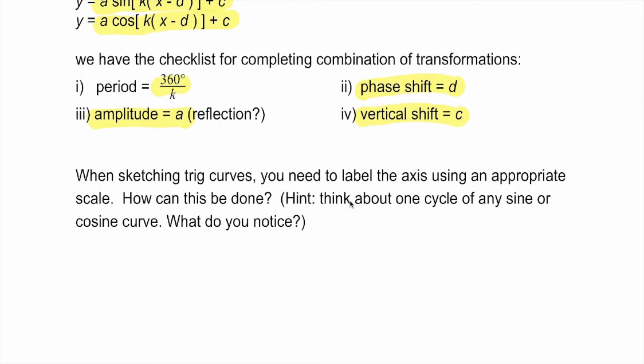If we look at the parent functions of sine and cosine, I often do this just to get a visual of what the parent function looks like. In the case of sine, it starts at the equation of axes and goes up, so that would be 90, 180, 270, 360.